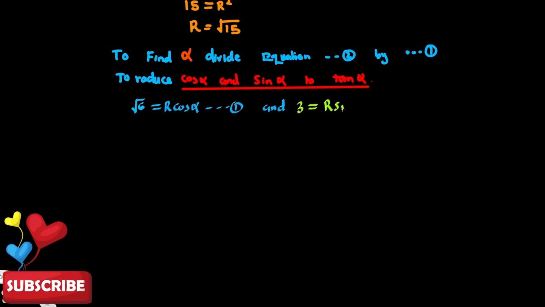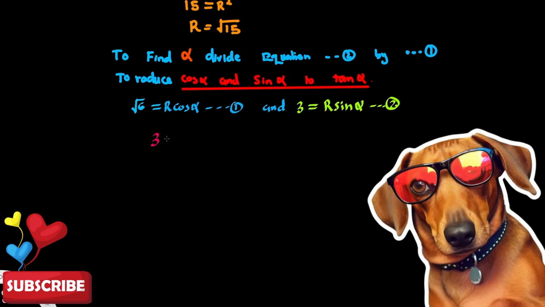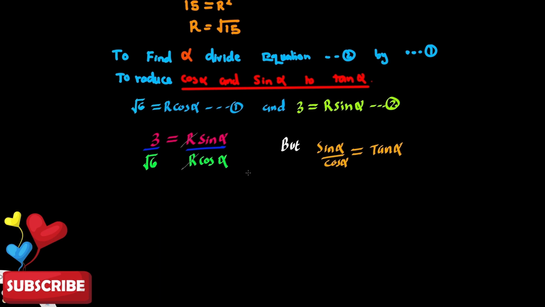Equation 1, and then we have our beautiful equation 2, meaning that if you divide equation 2 by equation 1, we're going to have what? We're going to have this written like this, and then divide by root 6, divide by r cos alpha. And you can see now the right hand side is going to cancel, r is going to cancel out, and we are going to remain with 3 over root 6 equals sine alpha over cos alpha, and sine alpha over cos alpha can be replaced with tan alpha.